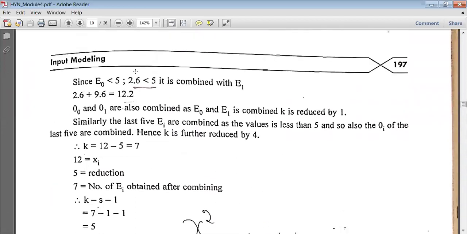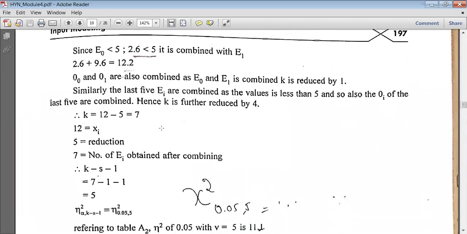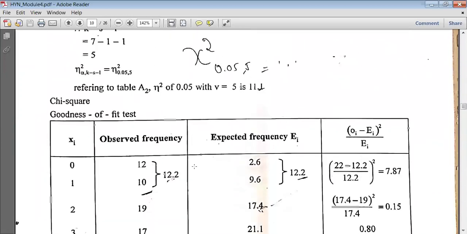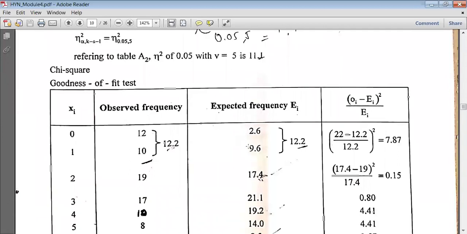The reduction is 5, so if it is less than 5, then we have to combine it with the next value. Here we check 2.6, which is less than 5. So I will combine it with the next value, which is 9.6. If I combine 2.6 with 9.6, I will get 12.2. 12.2 is greater than 5, so I will accept it.